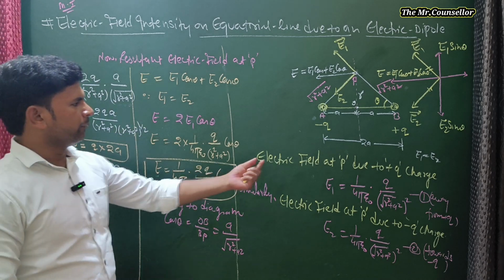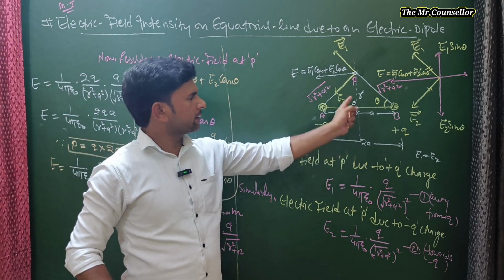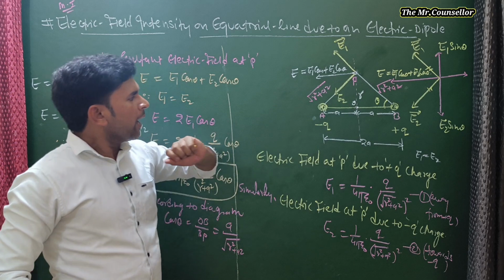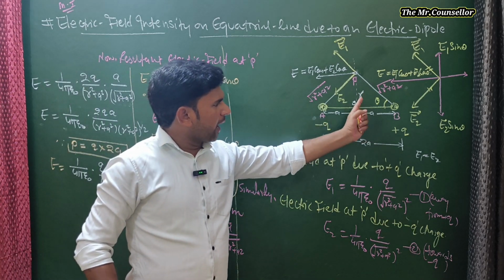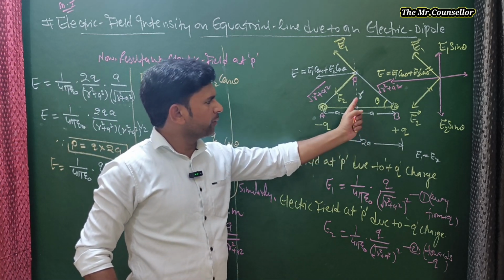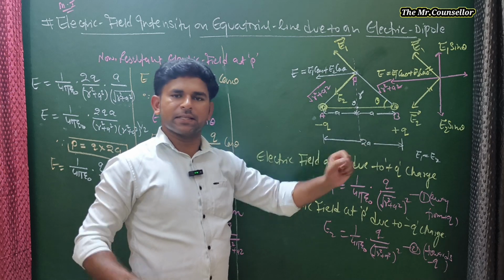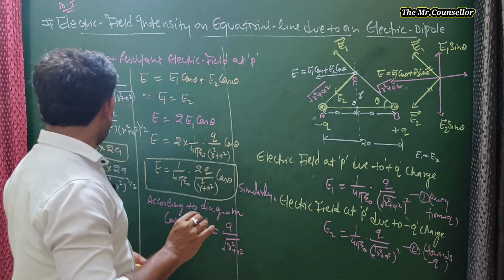Here also see, this is A, this is R. As compared to this R, this A is very small. So what can we consider here?